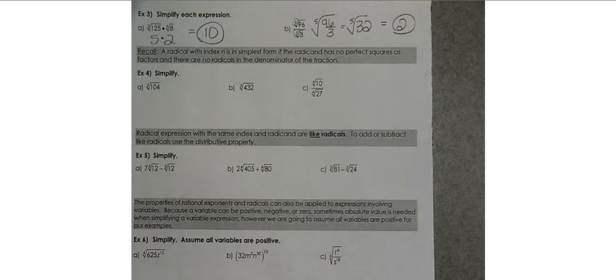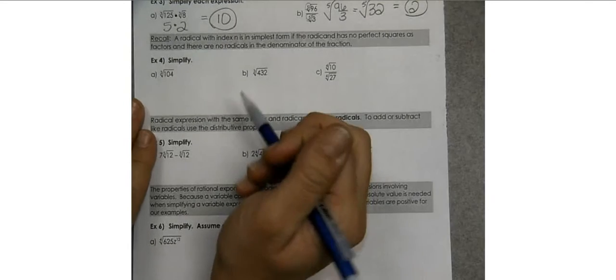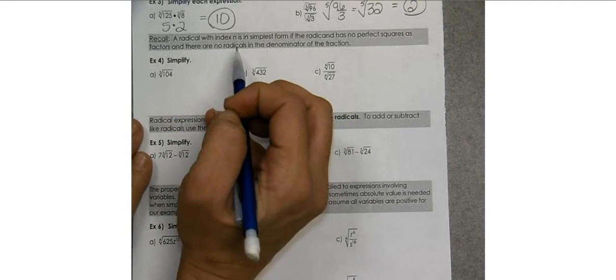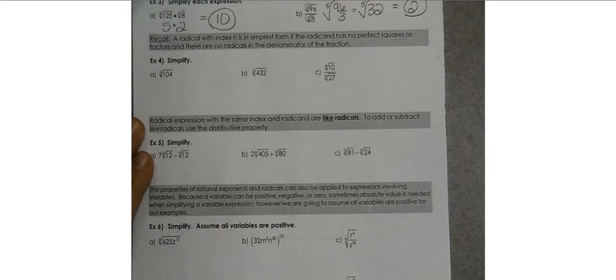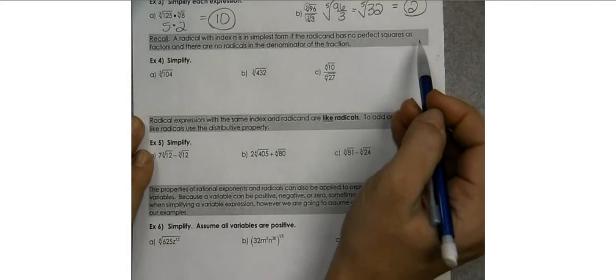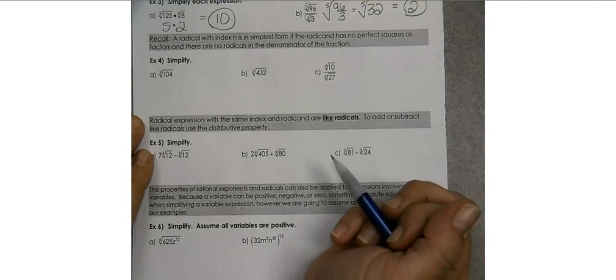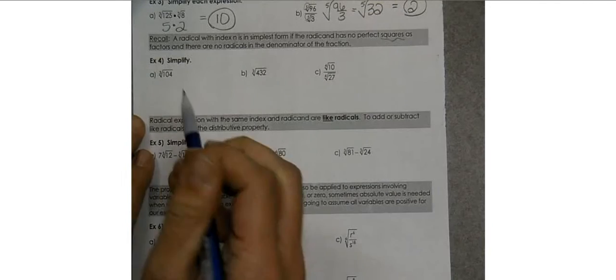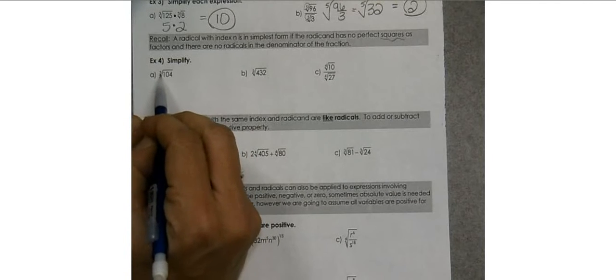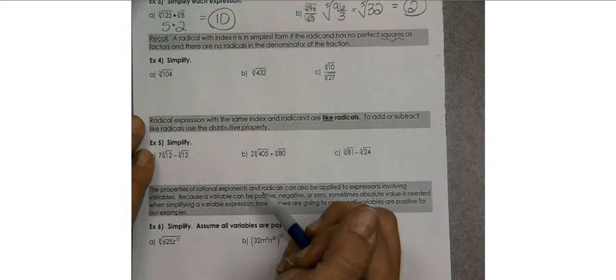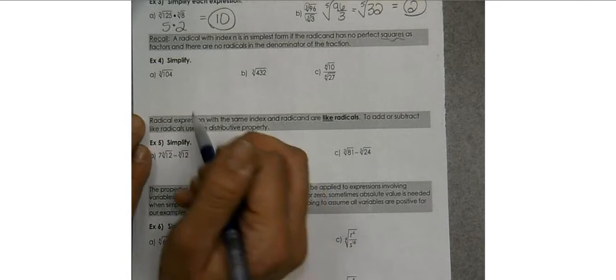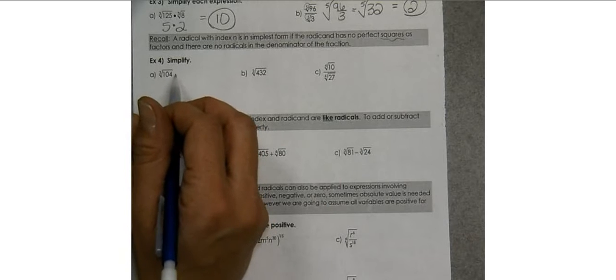Okay, so remember, a radical with index n is in simplest form if the radicand has no perfect squares or perfect nth powers as factors and there are no radicals in the denominator. So instead of perfect squares here, we're going to be looking at perfect cubes, perfect fourths. So if I look at example A, the cube root of 104, I want to look for perfect cubes.